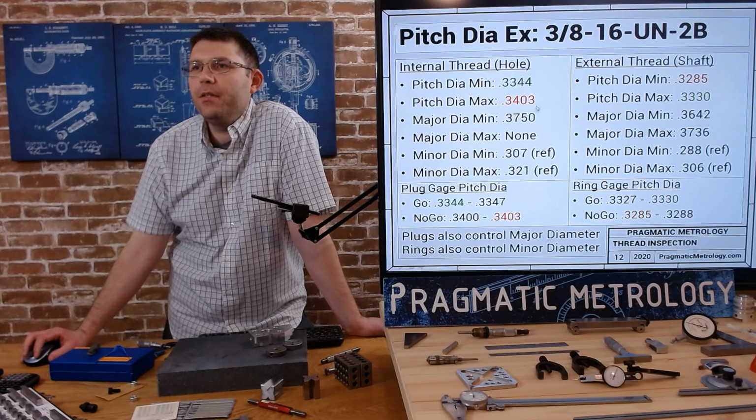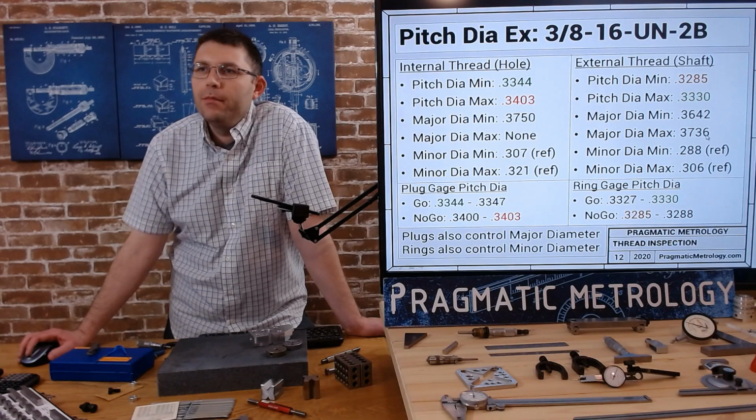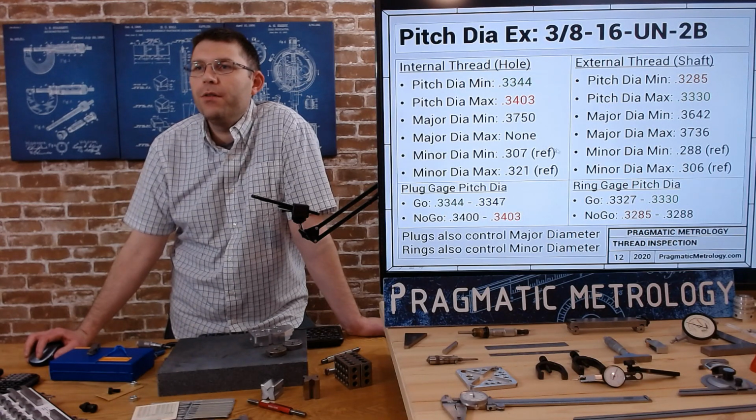This happens to be 3/8, right? 0.375. For the external thread, actually your major diameter does have a tolerance, 0.3642 to 0.3736. Not too critical for us to look at. And then you have minor diameter reference diameters as well. Not too critical. I would simply focus on the pitch diameters.